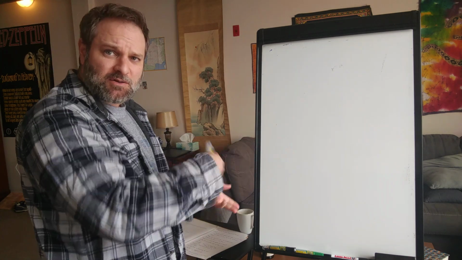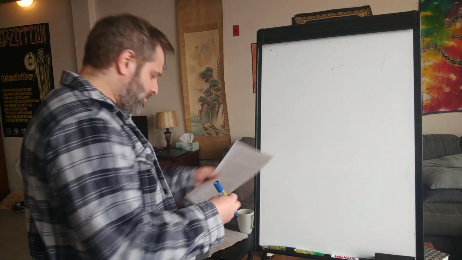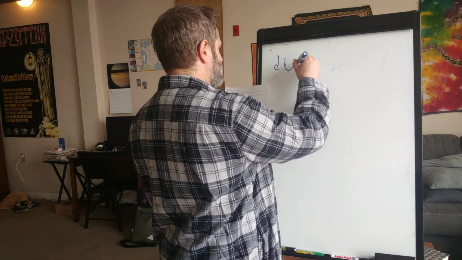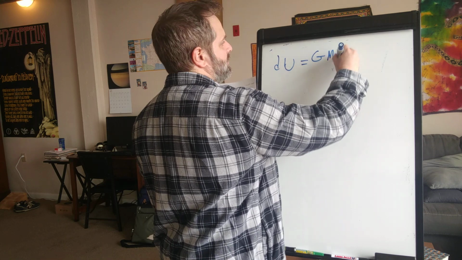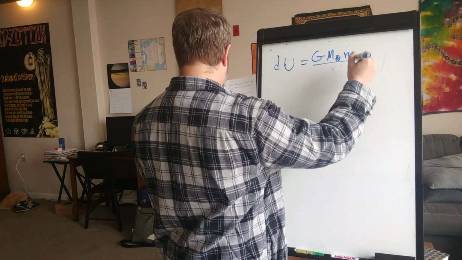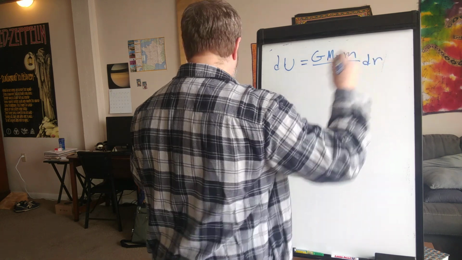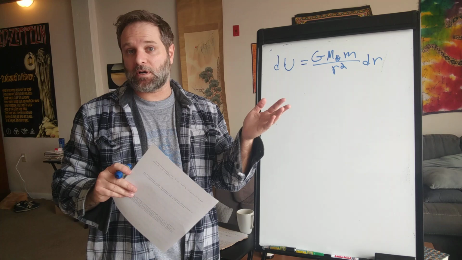So after we take all those dot products and cancel out the negative signs, we have du equals GMm over r squared dr. Right? Only the radial distance is important because we have that dot product.